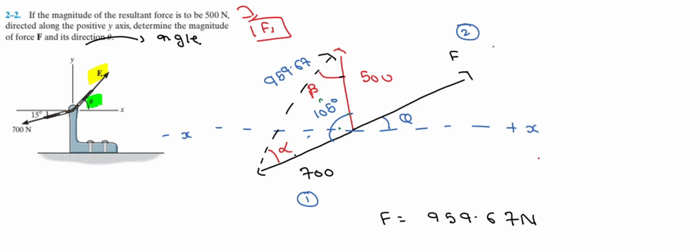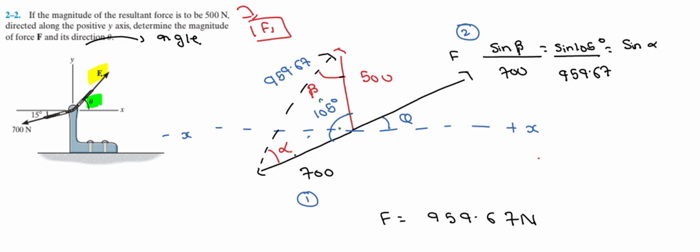This says that sine beta upon 700 is equal to sine 105 degrees upon 959.67, which is equal to sine alpha upon 500.